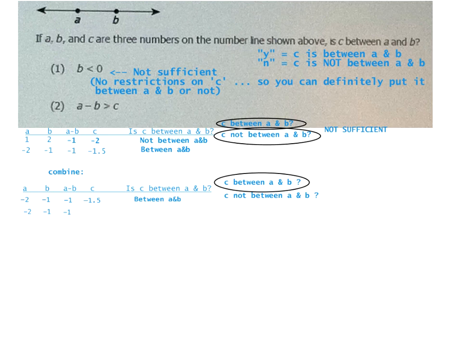So just pick something that's below minus 2, yeah, minus 1,000, then not between A and B. Done. Got both. Still not sufficient. It's E. So there you go.